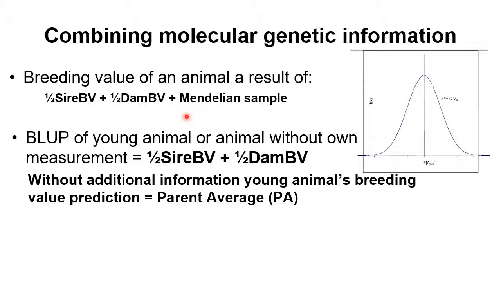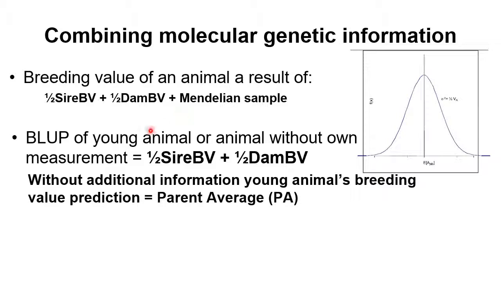So if the accuracy of the prediction of the sire and the dam is very high, and you have a means of knowing what the Mendelian sampling is, you have a fairly accurate prediction of the breeding value of that animal that you consider as a selection candidate.